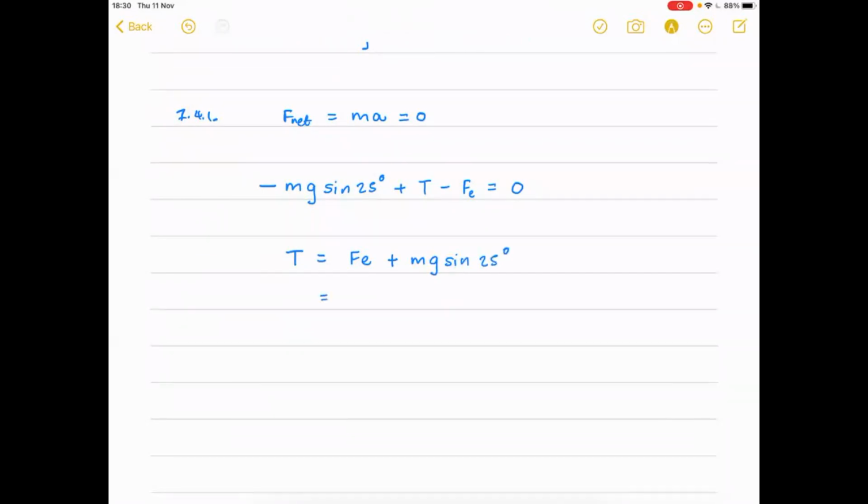Okay, and that is 1.2 times 10 to the minus 3 plus the mass is 0.01 kilograms. G is 9.8, sine of 25. And if you do that, you should get 0.04 newtons.